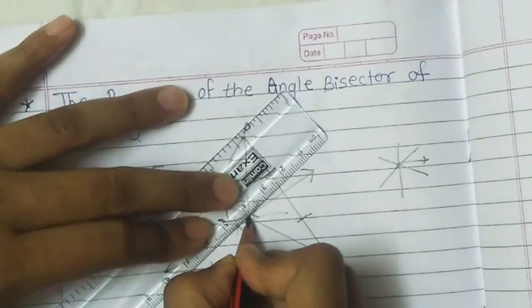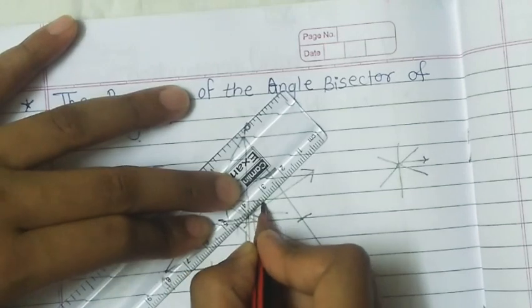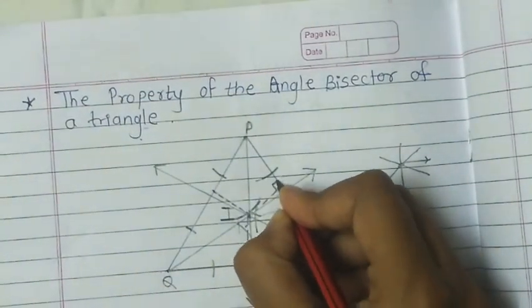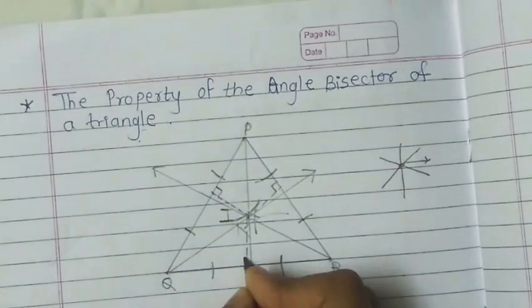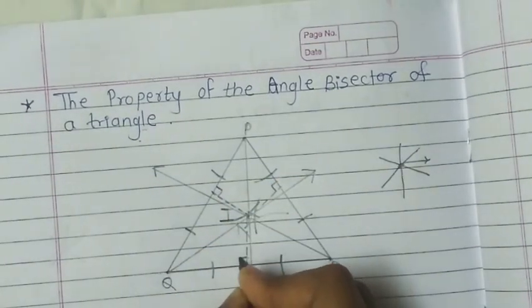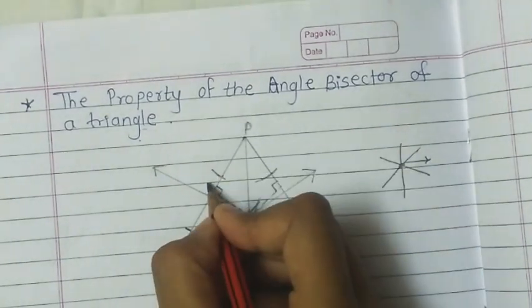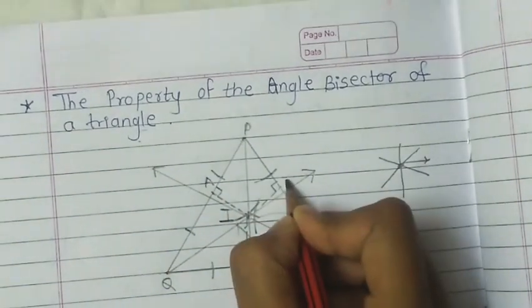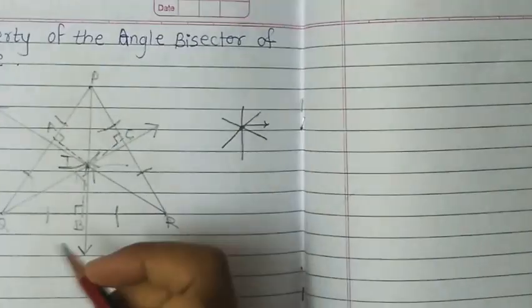Here also. Perpendicular mark should be there. Now I'll name it A, B and C.